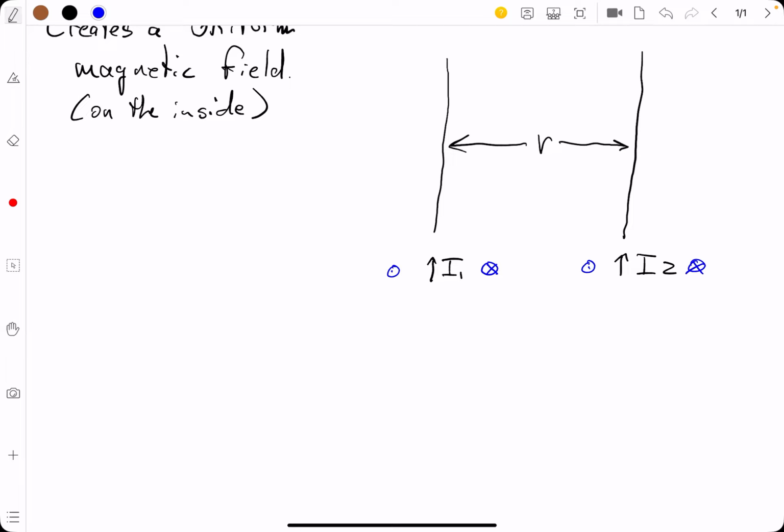We're just talking about the circular in that plane. That's great. And if you do I cross B, so you go I, and then you cross it with B, which way is that force going?